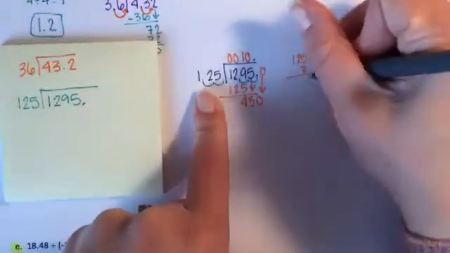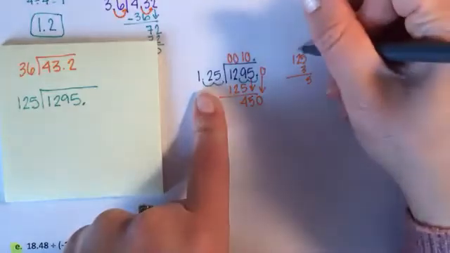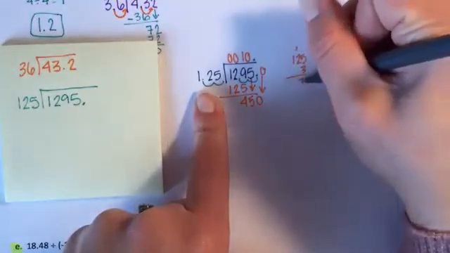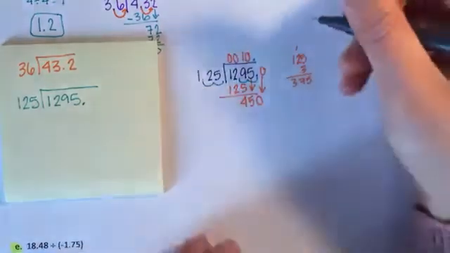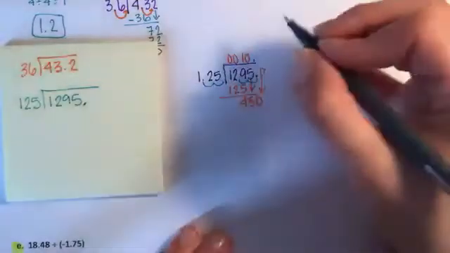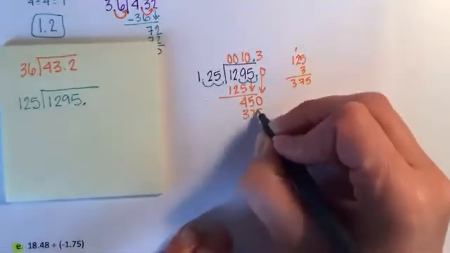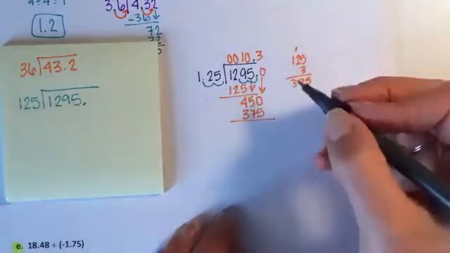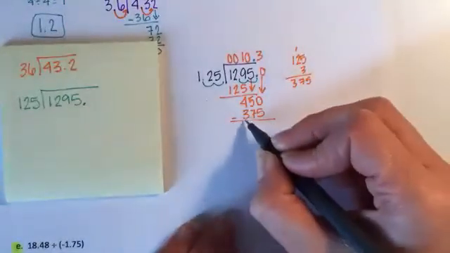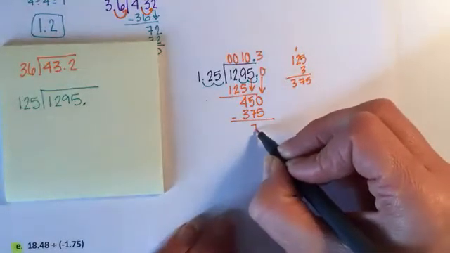And when I multiply this, I get 375. And I know that I can't fit another one on there, so I'm going to put a 3 here. And when I subtract, I get a 75.